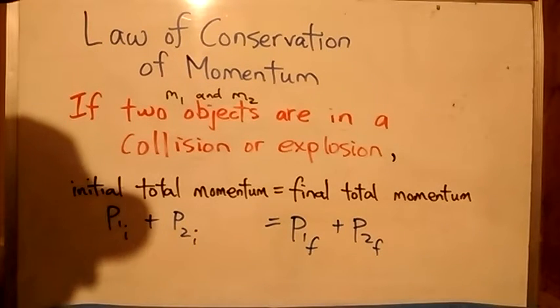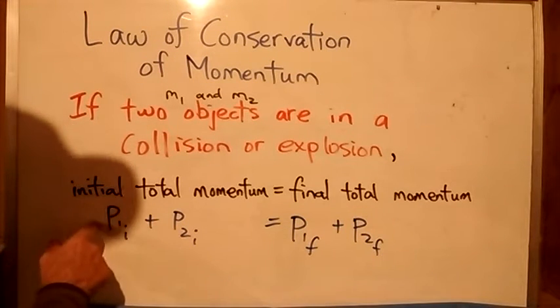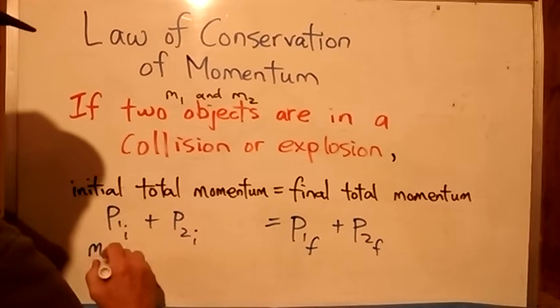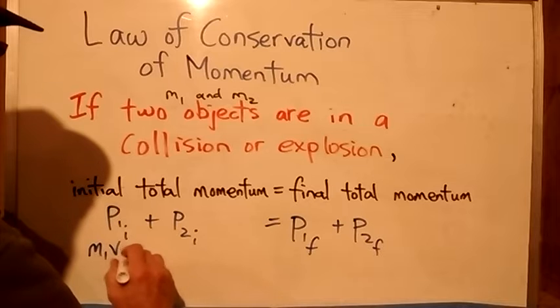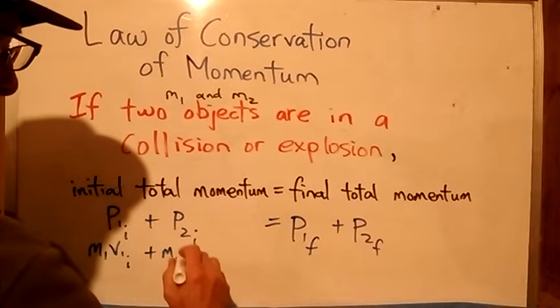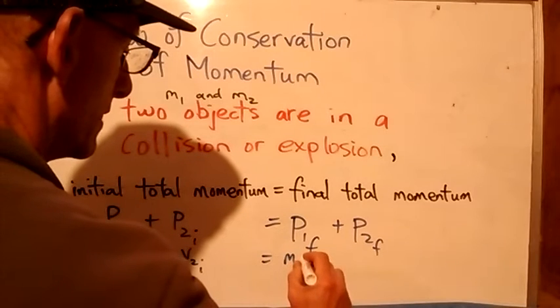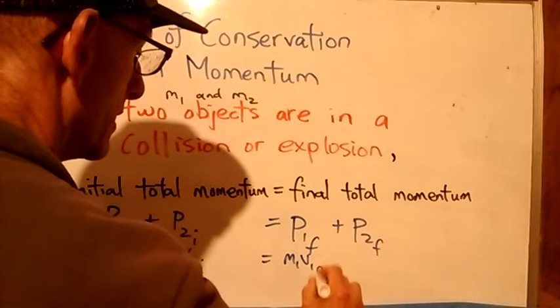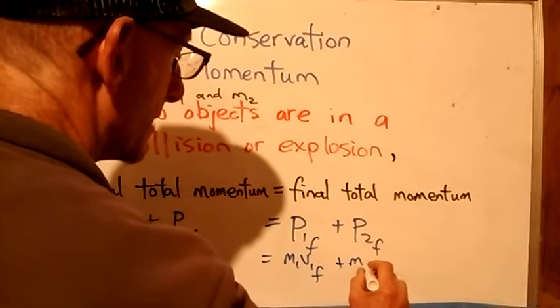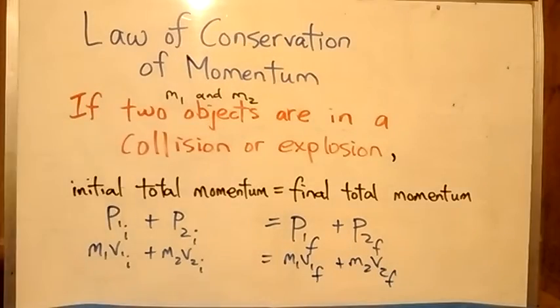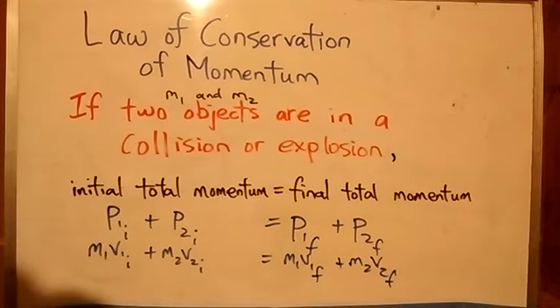If we expanded that out a little bit, momentum being mass times velocity, we get M1 V1 initial plus M2 V2 initial equals M1 V1 final plus M2 V2 final. And that's a usable form of the equation.